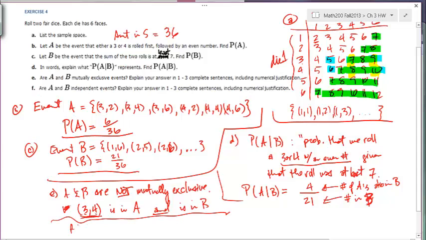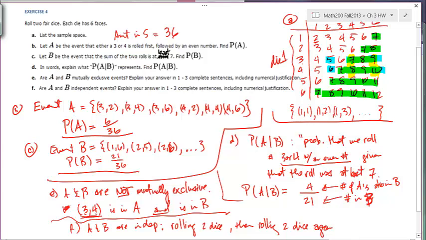For F, are they independent events? I would have to say that they are independent. A and B are independent because when you roll 2 dice, and then roll 2 dice again, it will give you different results.